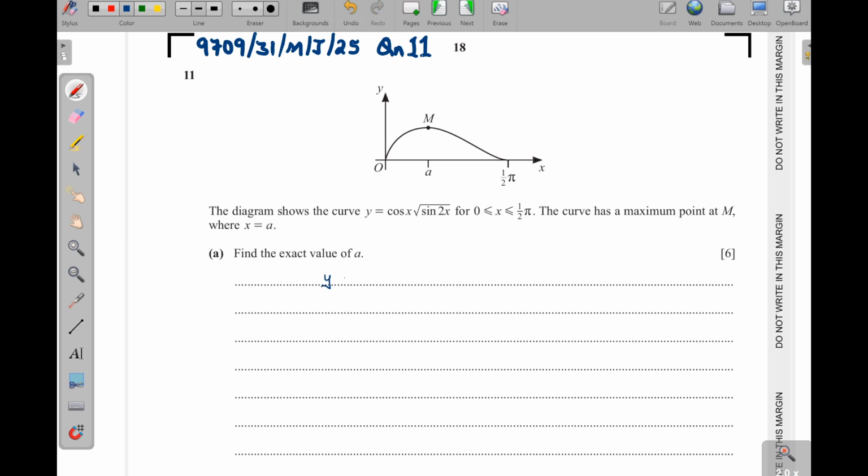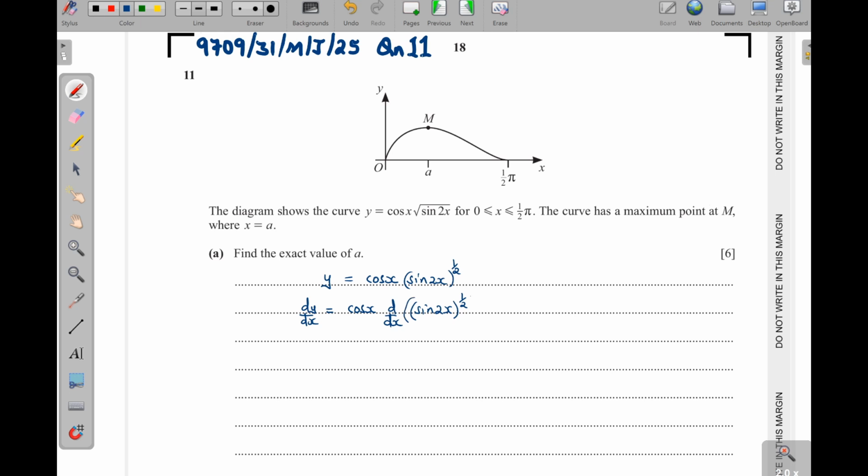We have our y, which is equal to the cosine of x, and then sine 2x, then power half. So we are going to differentiate using the product rule. Okay, so dy dx here is going to be, we can keep this one constant, then we differentiate this sine 2x to the power of a half.